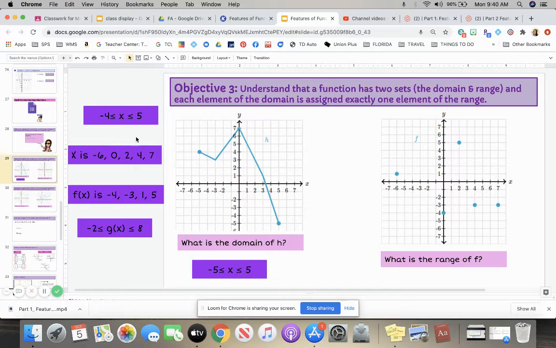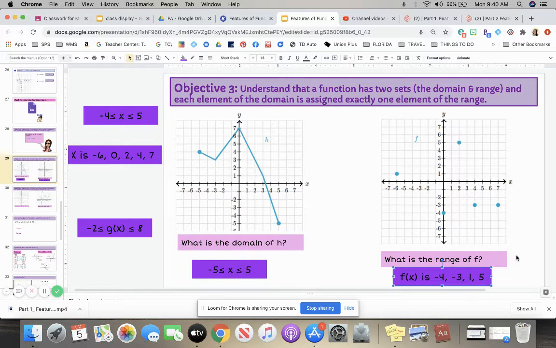Because these are points, I can't say that the range is all values between -4 and 5, because there are only points here. So I'm going to use this example here, where it shows -4, -3, 1, and 5. Those are the specific y values.